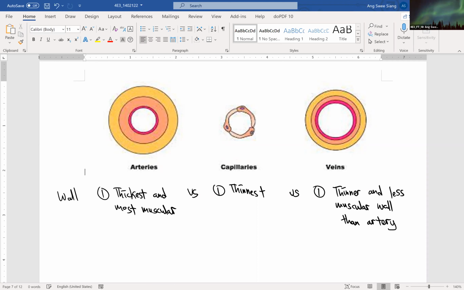This is the first difference. Very good.